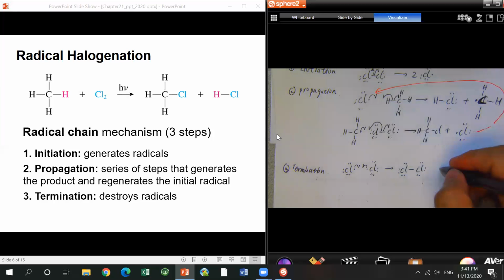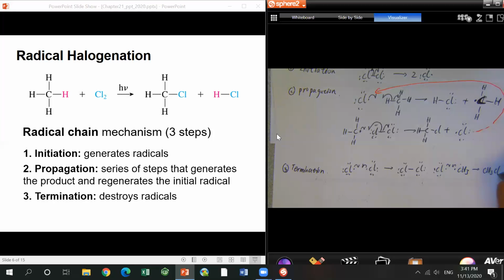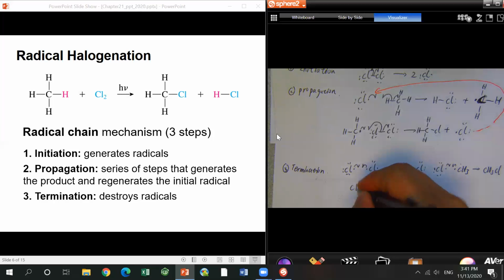Another one is a chlorine radical meeting with a methyl radical. Let's show it like this. So this one also can give you methyl chloride. The last one is just two methyl radicals.